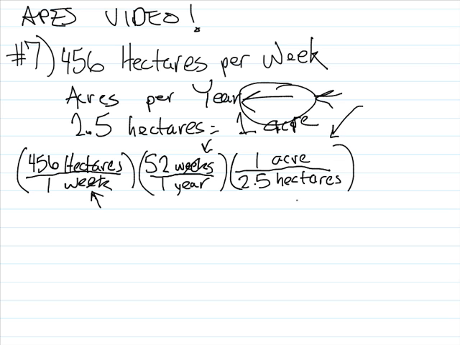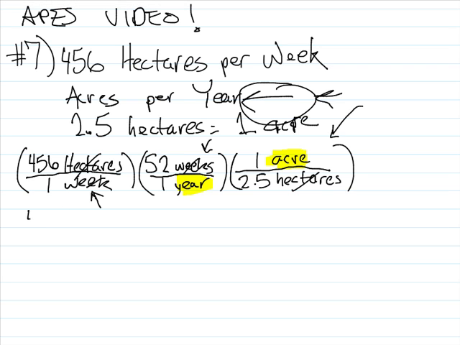Because 1 acre is the same amount as 2.5 hectares, we're essentially multiplying the given value by 1. We're not changing its value, we're just changing the units. And you'll notice that I can cancel hectares out, and then I will be left with how many acres per year, because those were the two variables that didn't cancel out. I set it up that way on purpose.